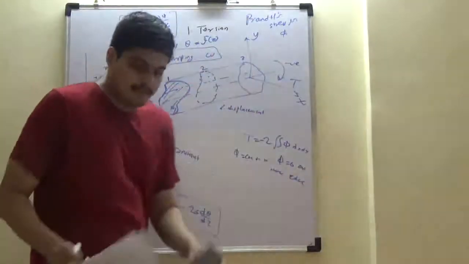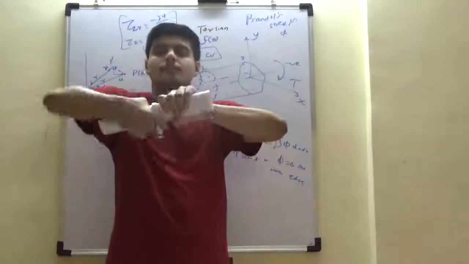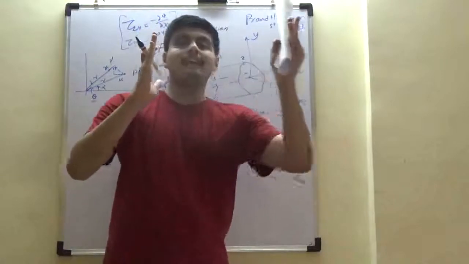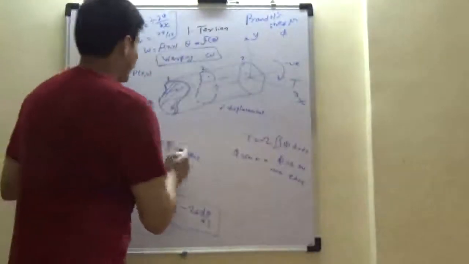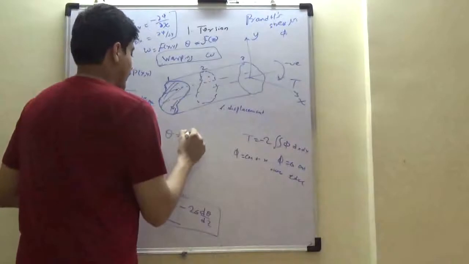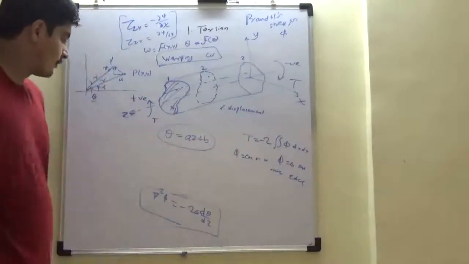The twist that happens is not non-uniform, it is uniform. If this rotates by 12, 15, 18, it's a beautiful linear relationship. So d theta by dz is constant, which means theta is something like az plus b, a linear function.